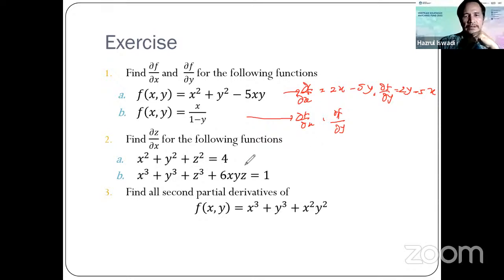This is using an implicit function, the partial derivative of an implicit function. Also this one, an implicit function.